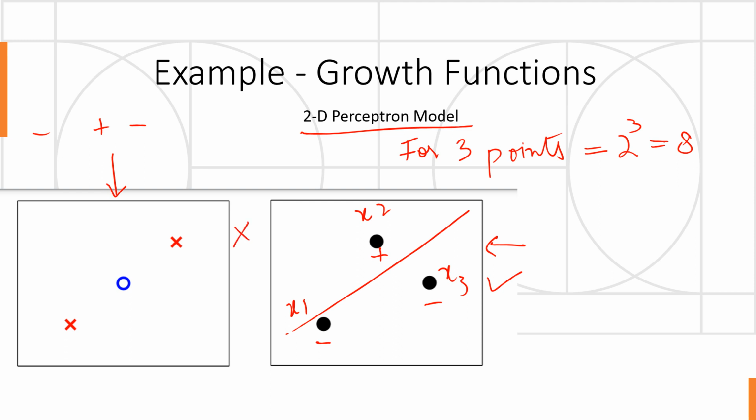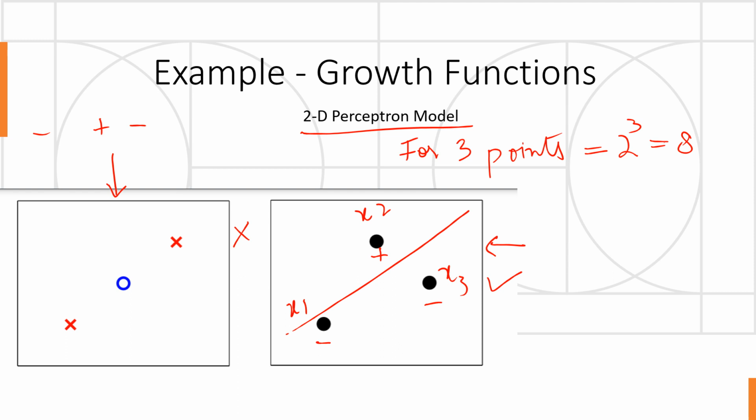So what does this tell us? First of all, the maximum number of dichotomies that can be implemented depends on the data. Going forward, we'll see if we can do something about it. Does that help us come down from 2 to the n to something better for certain problems? That's why we are building on this.